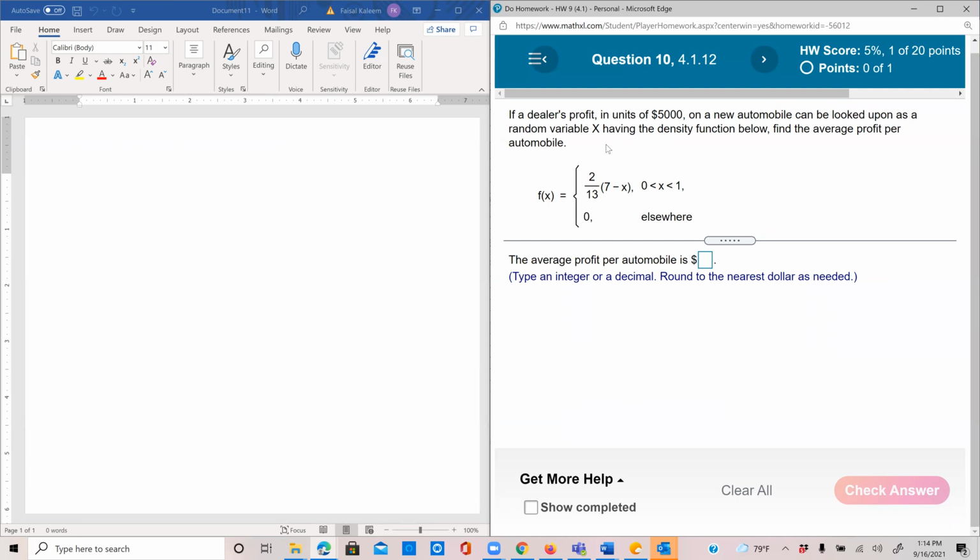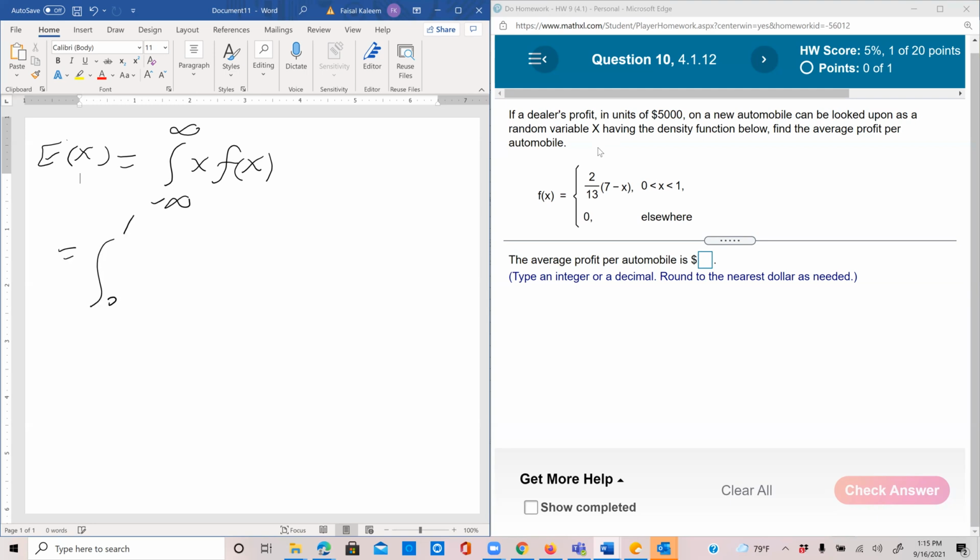So profit is the x. So therefore, the expected value of the profit, as before, would be the integral from negative infinity to infinity x fx. In practice, it would be 0 to 1 x times 2 over 13, 7 minus x dx.